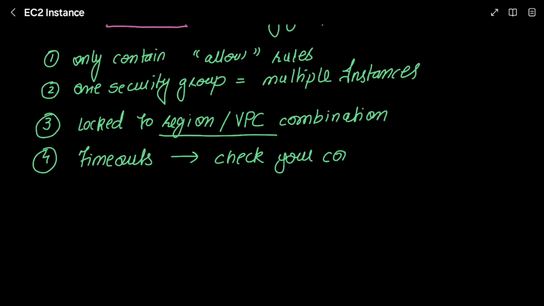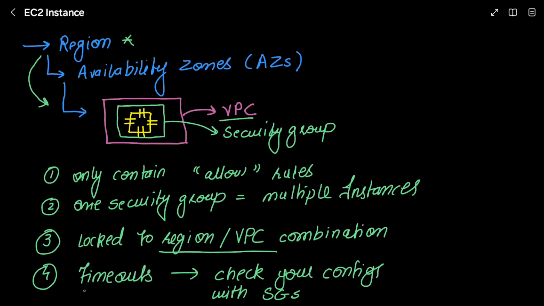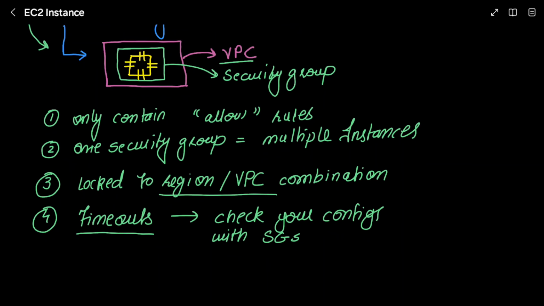Check your configs with security groups. Another bit that you do need to know is in terms of accessing your EC2 instance, because if you're getting a timeout while accessing your EC2 instance, that's also something you need to configure.